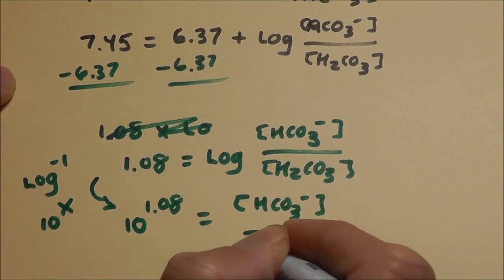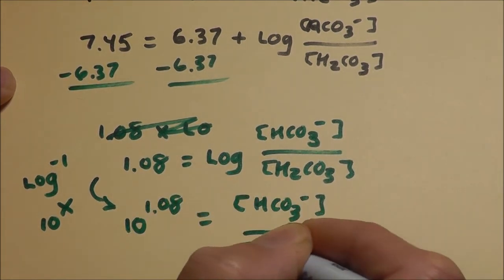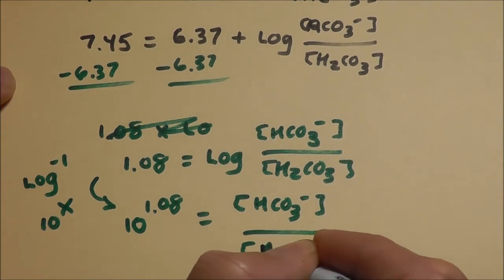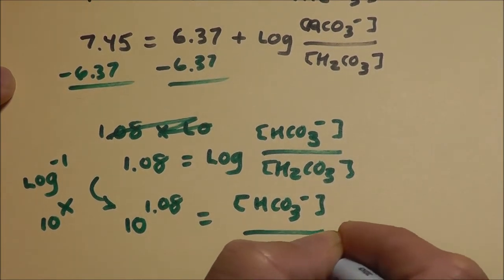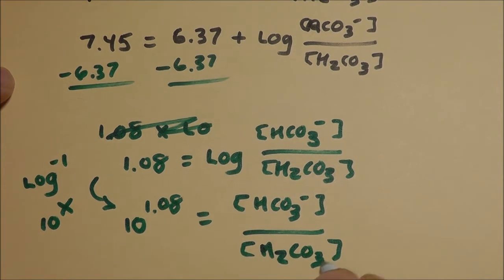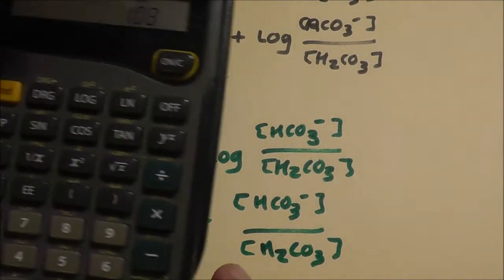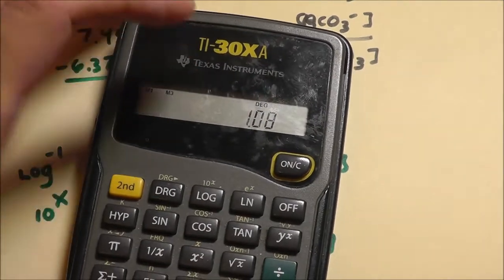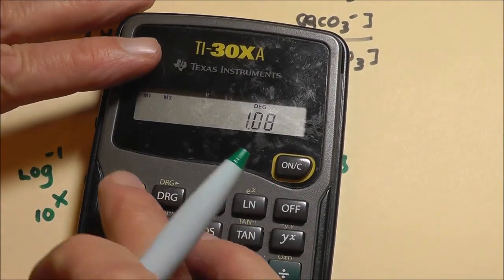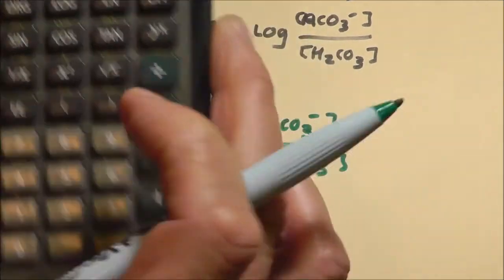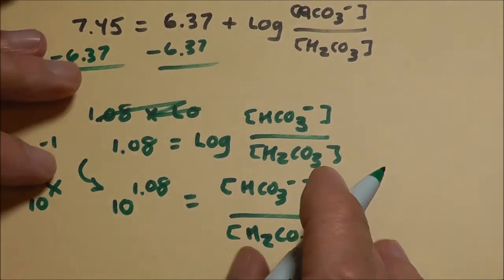And now if it was 10 to the 1, that would be a factor of 10. 10 to the 2 would be 100. 10 to the 0 would be 1. So let's get our handy dandy calculator. I got 1.08, and I'm going to hit second function, the log button, and get 12. Let's call it 12.0.